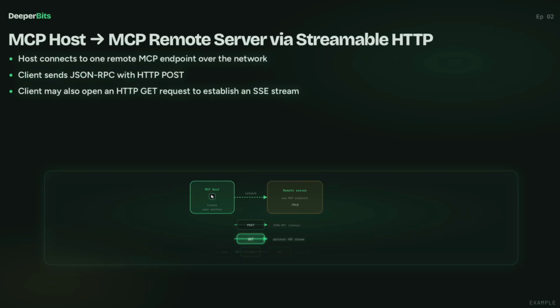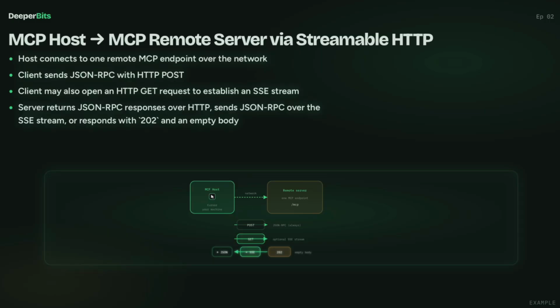And in response, whenever you are making a call to an MCP server, it can respond in three different ways. The first way is that it can return JSON, so just think of it as returning a JSON simply, a JSON over HTTP. Second, it can return the JSON over an SSE stream as well. And third, it may not return any body and will just return a 202 status code.